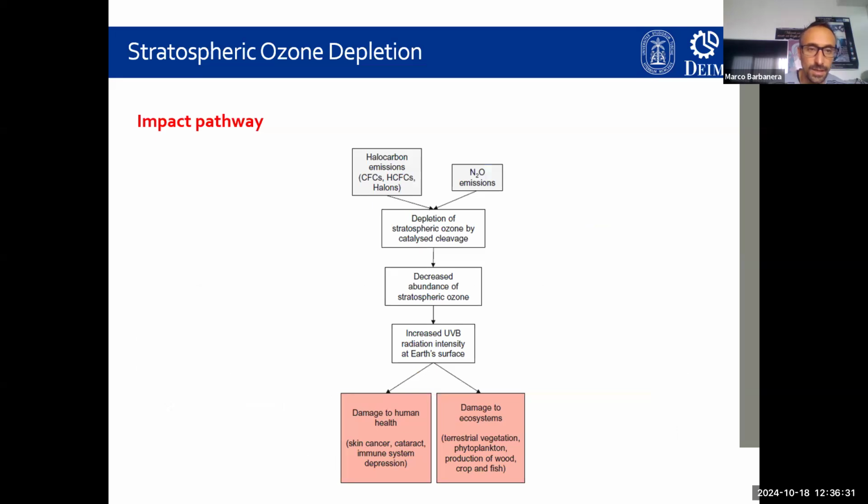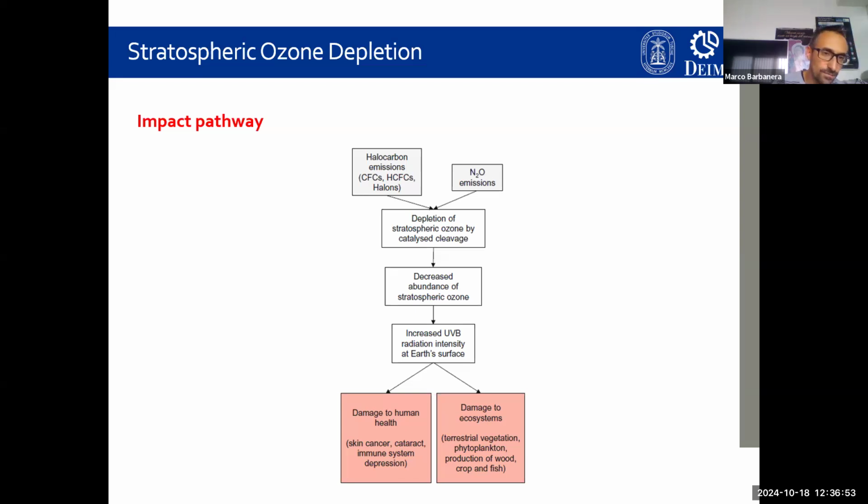Here you can see the cause-effect chain in order to calculate the characterization factors for this kind of impact category. Also in this case, we can reach the endpoint effect.